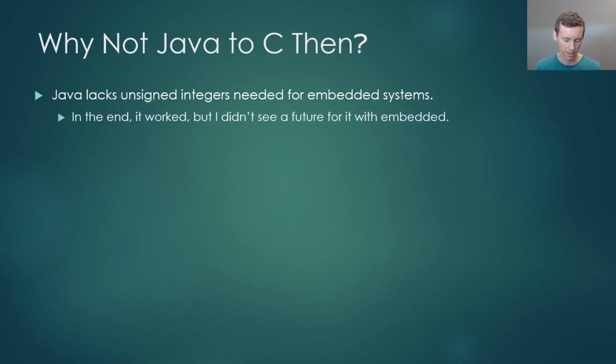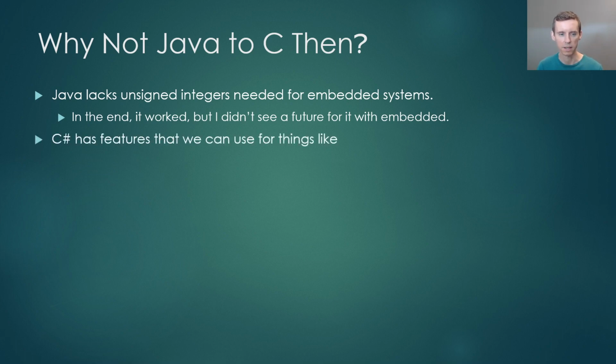And so in the end, that transpiler worked, but I didn't see a future of using Java. It was a great proof of concept, but I needed something else. Around that time, C# was becoming open source, but it didn't have the features that I thought I could make it work with at the time, but it does now.